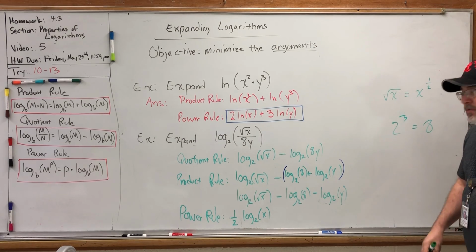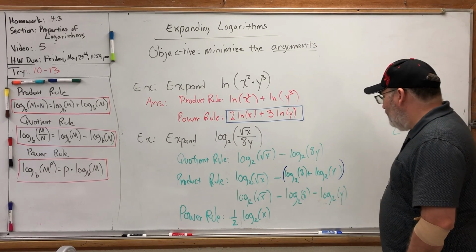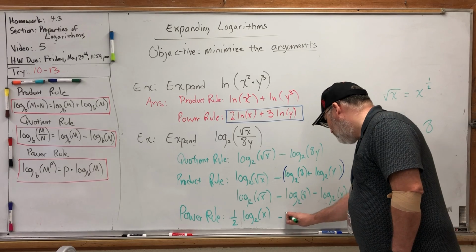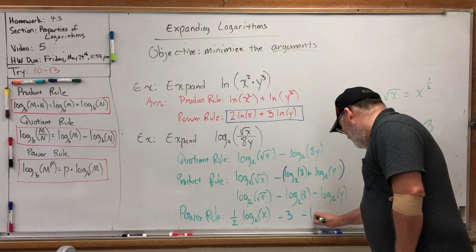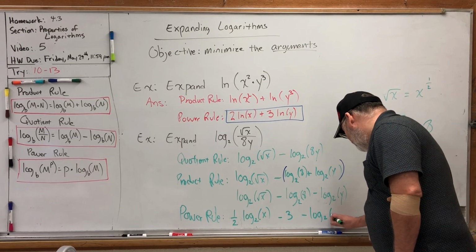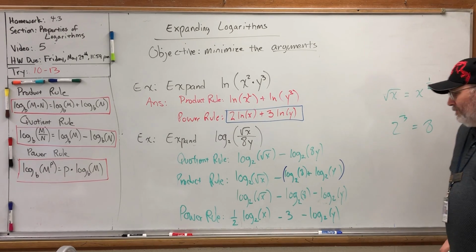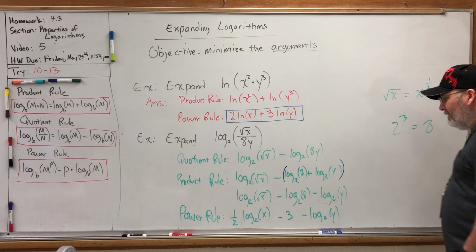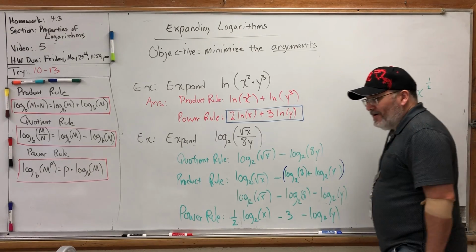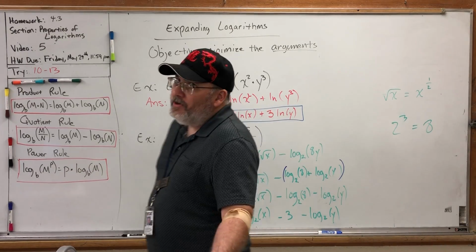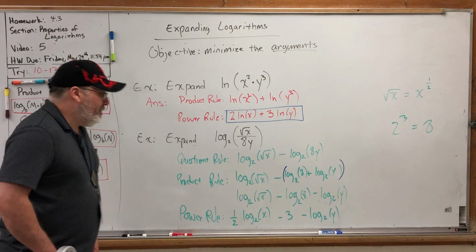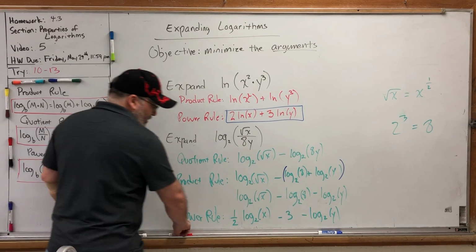Third power. So instead of minus log base 2 of 8, I should just write minus 3. And then minus log base 2 of y. So not only have I minimized the arguments, I minimized the number of arguments I had in the first place, because the middle logarithm actually got evaluated. No more logarithm, no more argument. So if my goal was to minimize the arguments, mission accomplished.